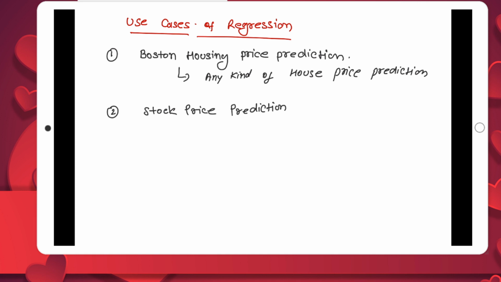All right. So what are the parameters on which the y depends? That is, the stock price depends on the recent history of the stock price, and any kind of global event happening.